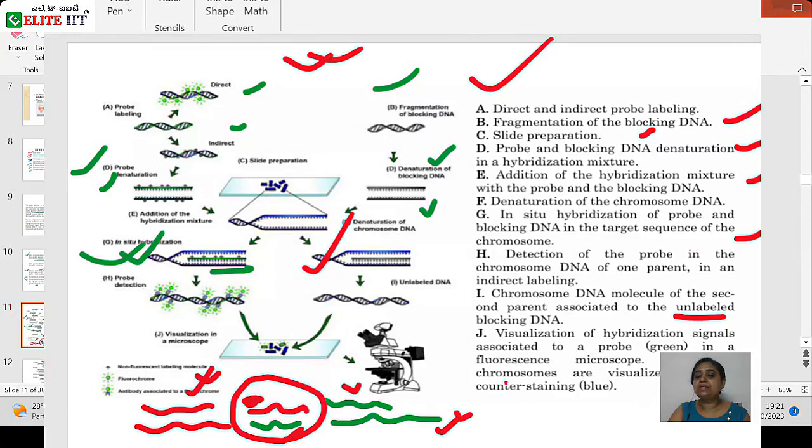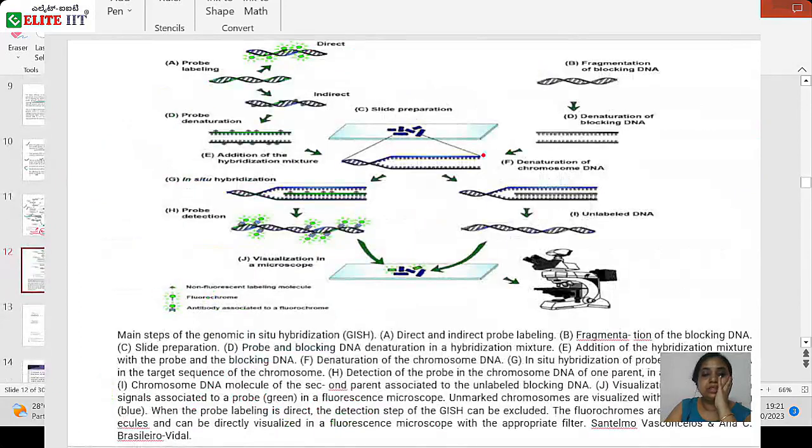Now unmarked chromosomes are visualized with a counterstain. If you want to visualize the second one, which is not labeled, you can do the counterstaining. If you do the counterstaining, blue color will be for the second parent, which is actually the blocking DNA. In this figure also the same thing and same steps are given, nothing else.